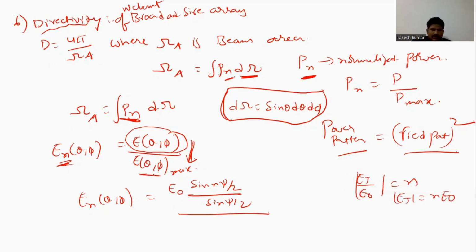So E naught will get cancelled, and what we get is sine N psi by 2 by N into sine psi by 2.